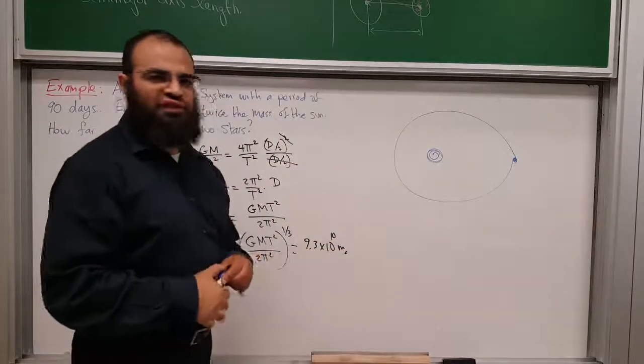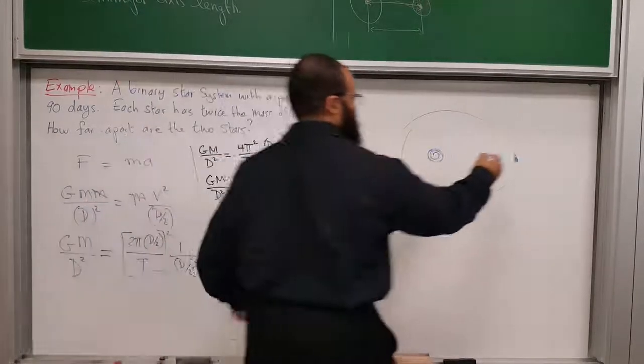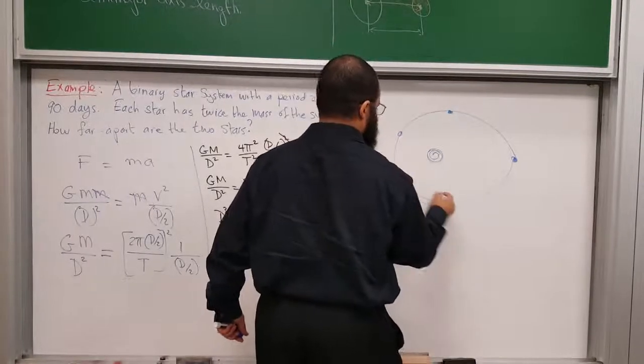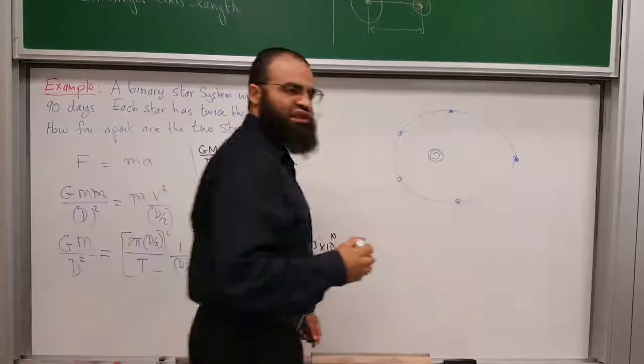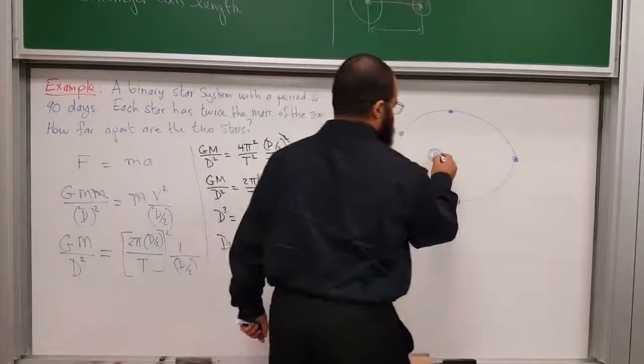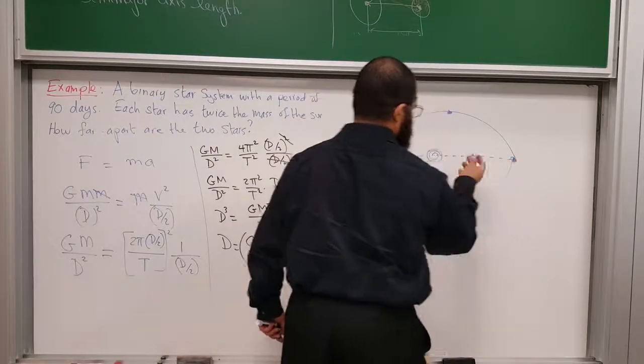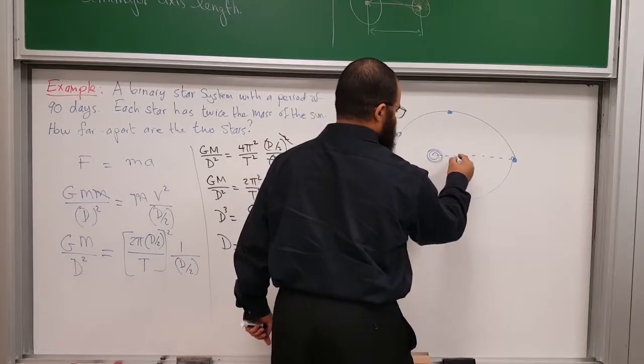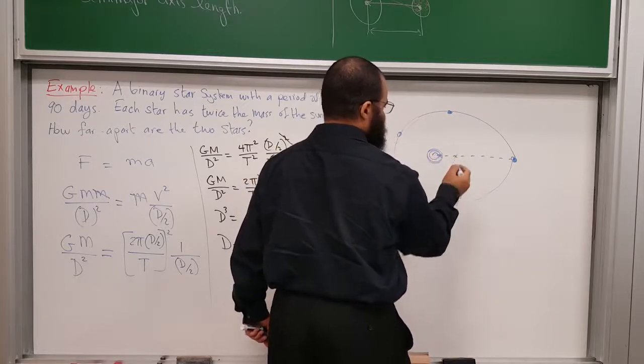Now what's wrong with this? Because it says the Earth could be here, here, here. This is not completely accurate. The reason is, the Sun is much, much heavier than Earth, so the center of mass is not even here. It's actually within the Sun itself.